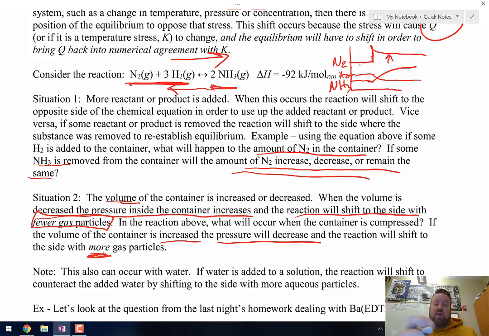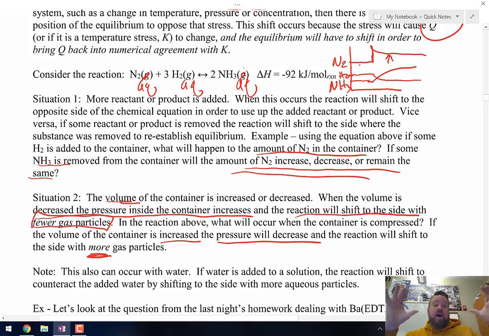So if I'm looking at this reaction up here, if these were all aqueous instead of gases, which obviously they aren't, but if they were all aqueous and the volume got bigger, well, same thing's going to happen. It's going to shift to the side with more aqueous particles. So we come back over to this way. Okay?